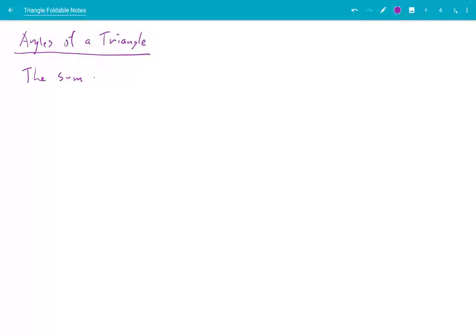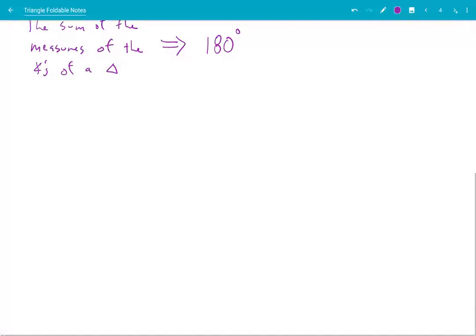The sum of the measures of the angles of a triangle implies 180 degrees. So add up all three angles, it's 180 degrees. You already knew that. There's your implied statement for it.